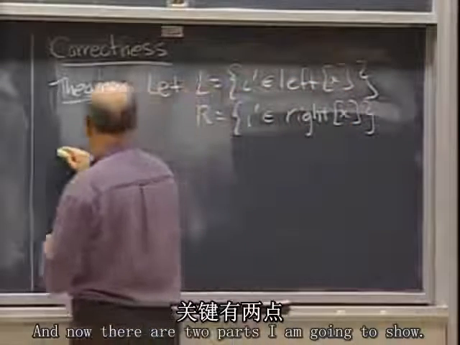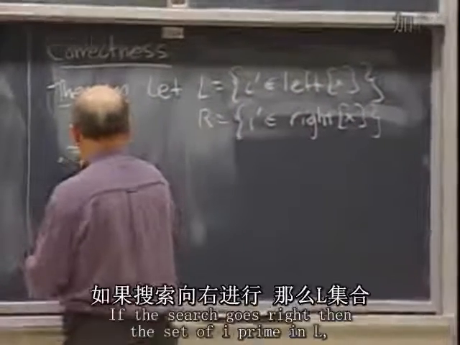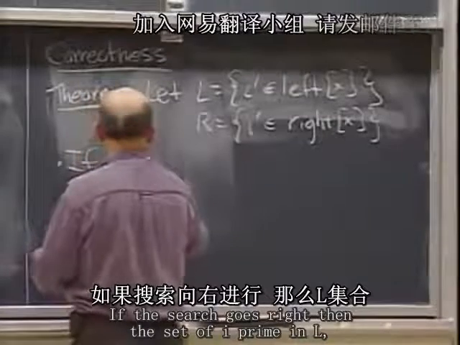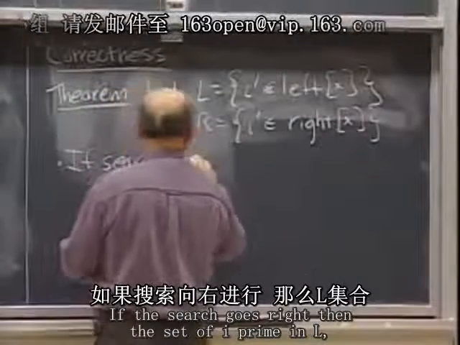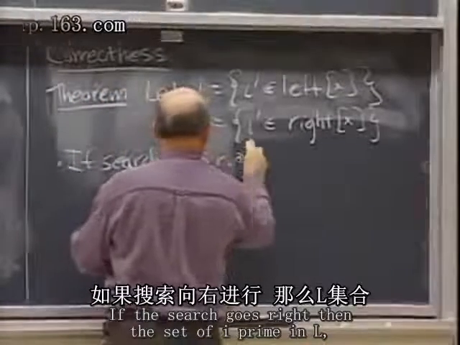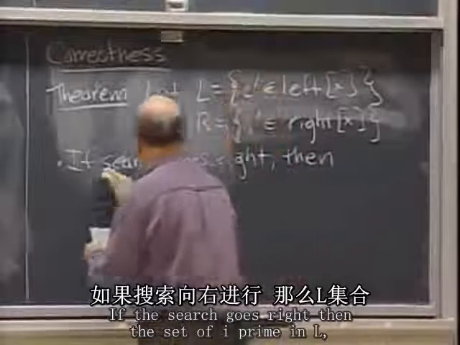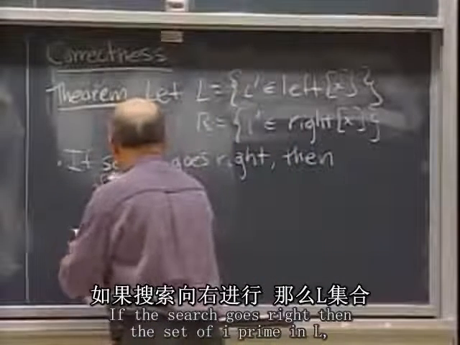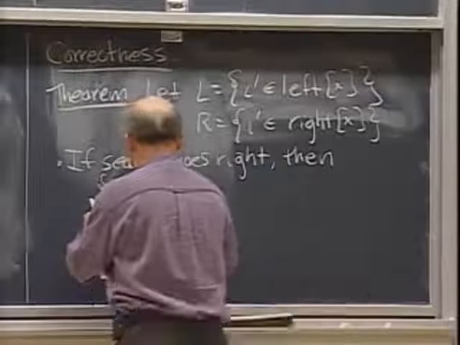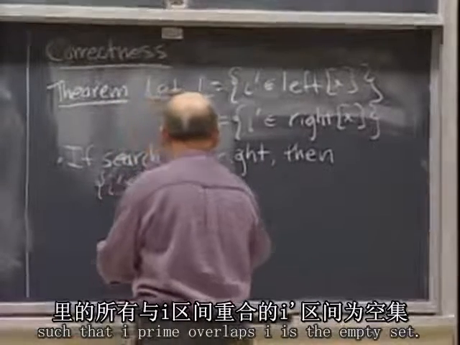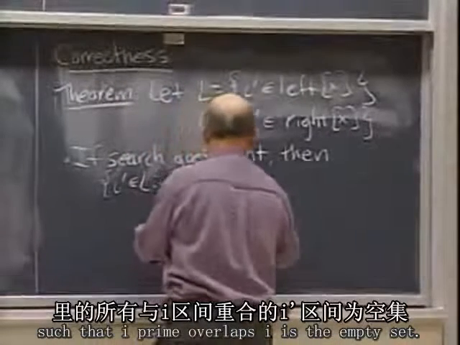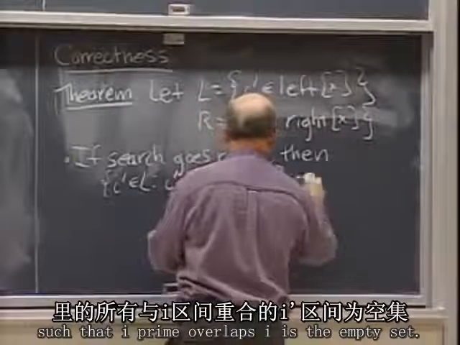And now there are two parts I'm going to show. If the search goes right, then the set of I prime in L such that I prime overlaps I is the empty set.